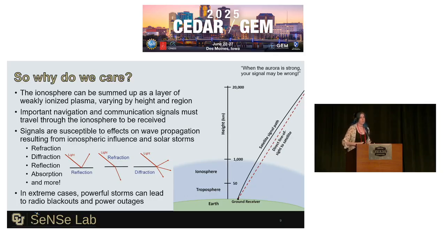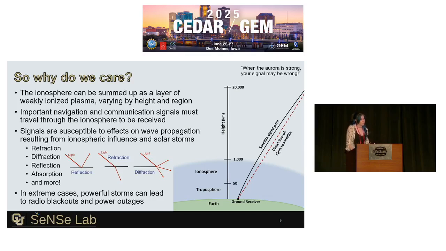These are signals that we need for very precise positioning, navigation, timing, and other instruments have to experience this as well. These signal waves do interact with the electrons in the ionosphere, just as any radiation does. They experience reflection or bouncing, refraction, the bending, diffraction, which is dispersion, absorption, and all this different stuff that influences your signals and causes delays and errors.